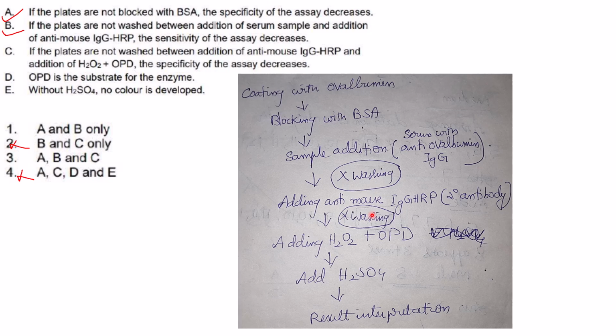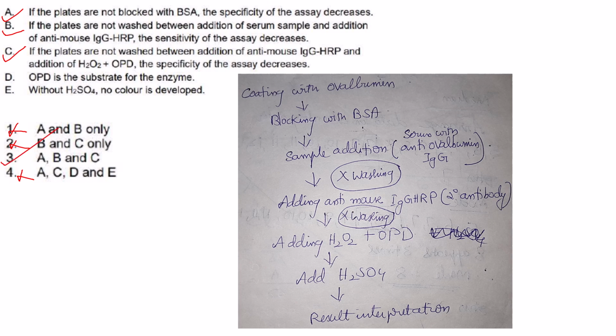So it will reduce the accuracy of the assay. So specificity of the assay decreases because of cross reactivity. So C is also correct. So A, B, C correct. So 1 gone. So 3 is the answer.